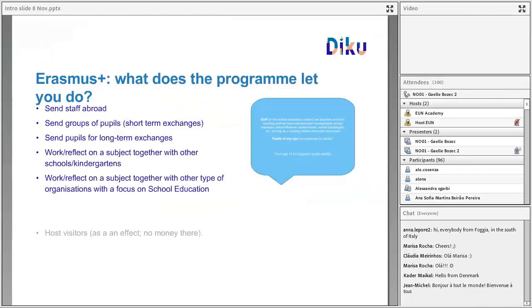So, what does the program let you do? You'll see that in many of my slides there are these blue boxes, blue bubbles with some white writing in them.